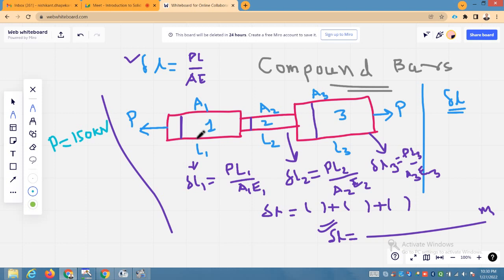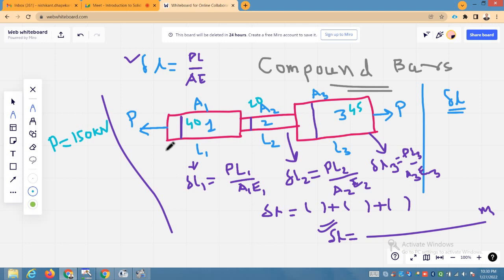Diameter of this section you take, suppose 40 mm. Diameter for this section you assume say 20 mm. Diameter for this section again you assume say 45 mm. Right?